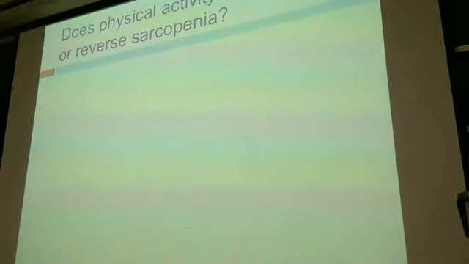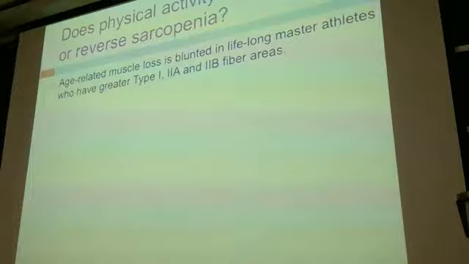So there's nutrition, which we'll talk about a bit later, but it's sort of obvious, I guess, that physical activity should help to prevent the loss of muscle function, because with physical activity, you generally can increase muscle size and muscle strength. However, master athletes in this study who have run marathons or longer into their 90s, etc., still have age-related muscle loss.